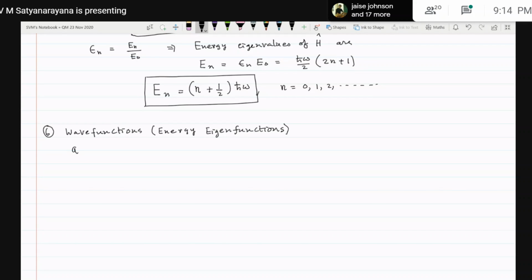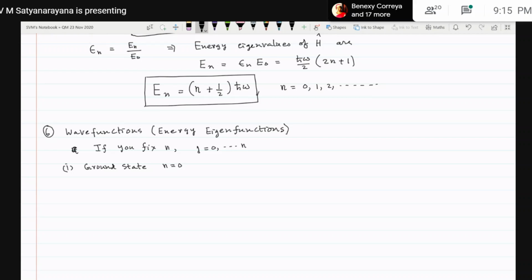Okay, so remember that if you fix your n, then j will run from 0 up to n, because beyond n the coefficients are 0, correct? So for example, let's say that we are interested in the ground state, and the ground state corresponds to n is equal to 0.